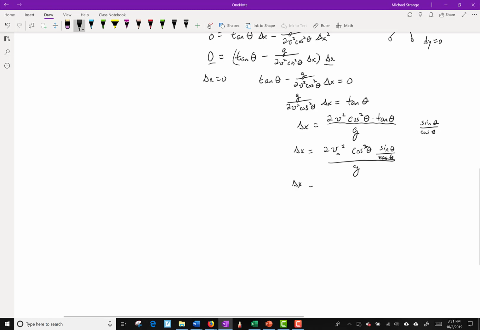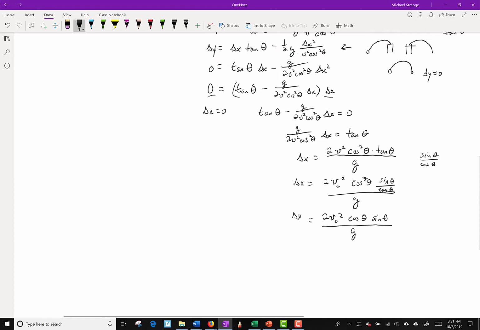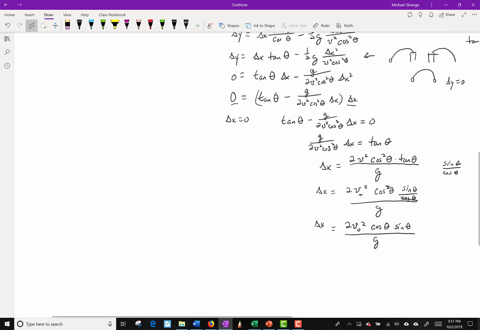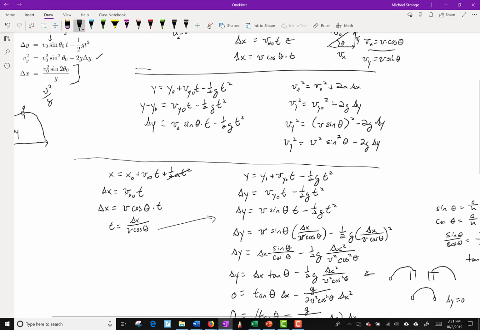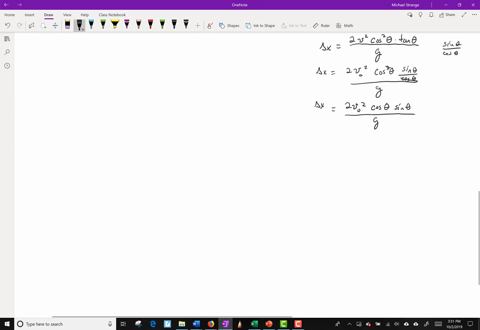So we get 2v naught squared cosine theta sine theta over g. And this right here is a trig identity, cosine times sine. That's how we get that last term, the sine of 2 theta. So we're going to get delta x is 2 v naught squared sine of 2 theta over g.